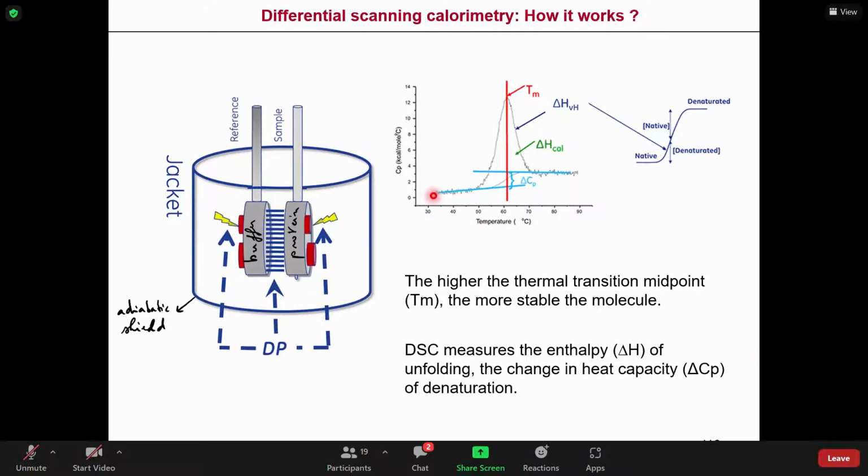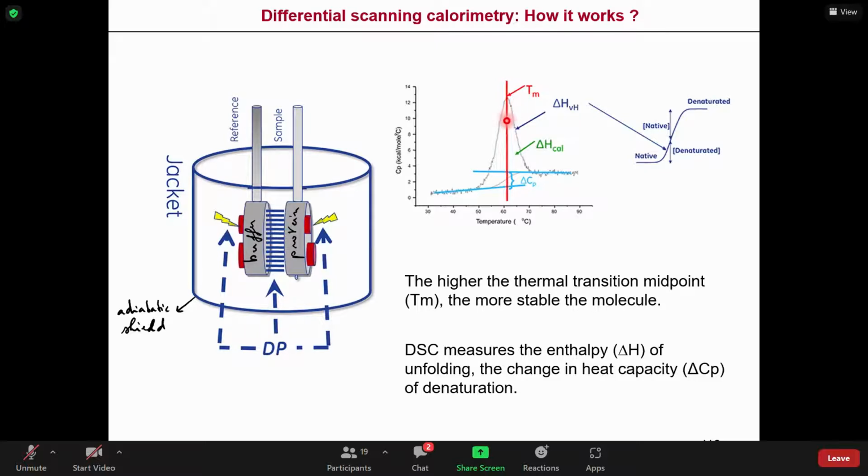So you will heat this, and we will observe this kind of curve. Just remember that we can obtain the melting temperature from this curve. It means the temperature at which 50% of the proteins are denatured, and 50% are native.